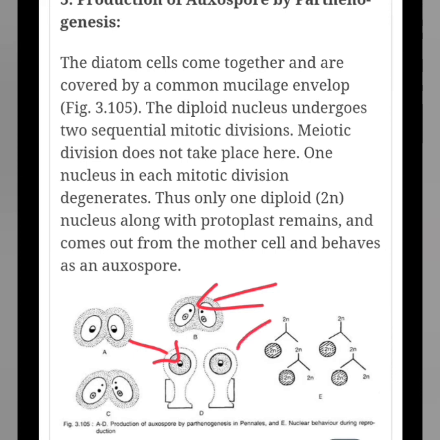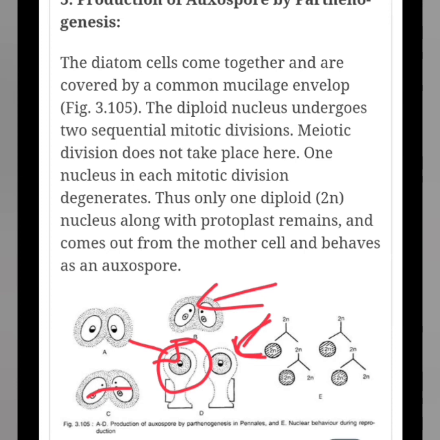Okay, so actually these will not fuse together, just like you have seen in the first case where these two fuse together, then come out and behave as the auxospore. So here actually we get two auxospores. Why? Because these will not fuse together; instead, without fusion, they will directly behave as the auxospore and give rise to a new normal cell.